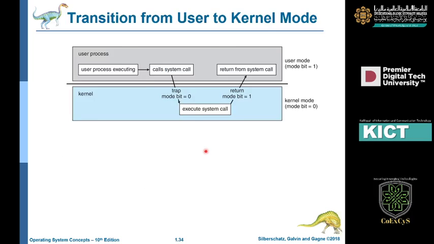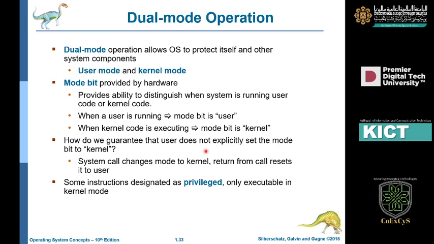Whenever we decide which program to run, the OS has two types of mode: user mode and kernel mode, also called privilege mode.